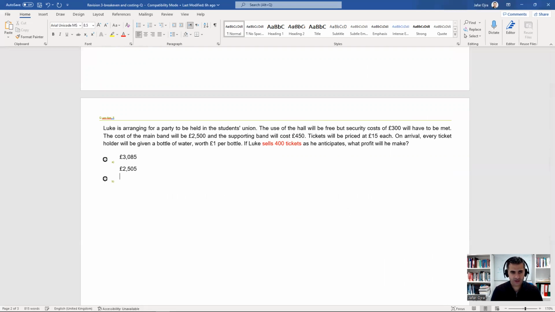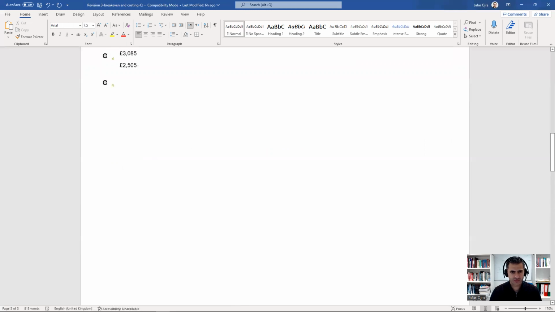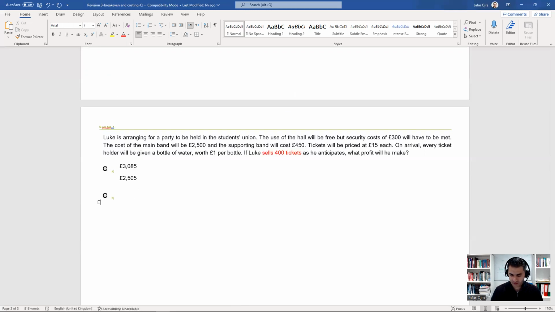Let's work it out. 400 tickets minus 233 equals 167 tickets. So the margin of safety is 167 tickets, that's the margin of safety in units.